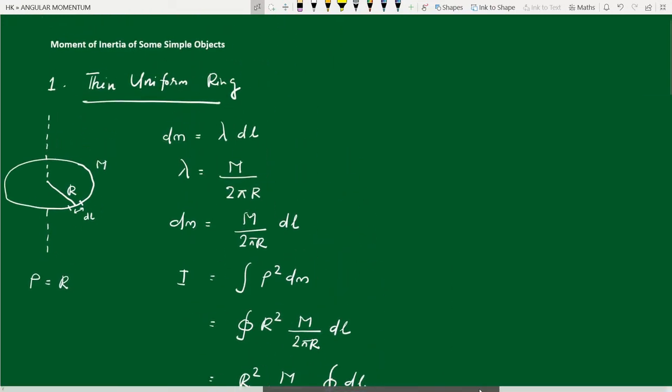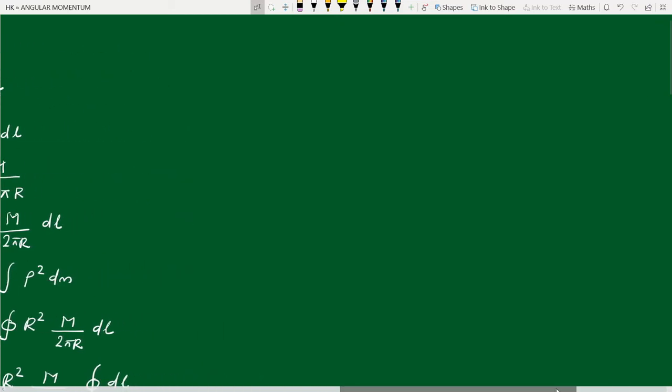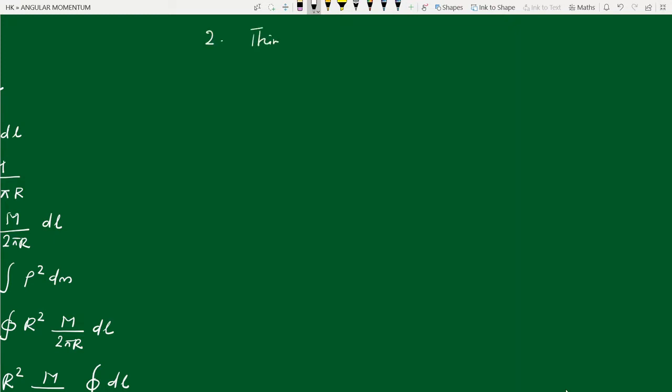Let's go to the next object. Let's consider secondly a thin, uniform disk. It's a two-dimensional object.